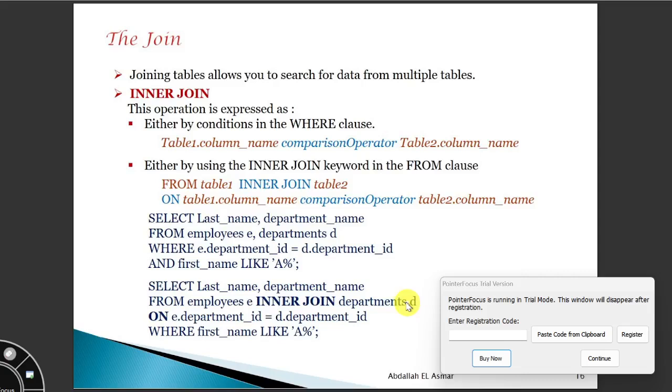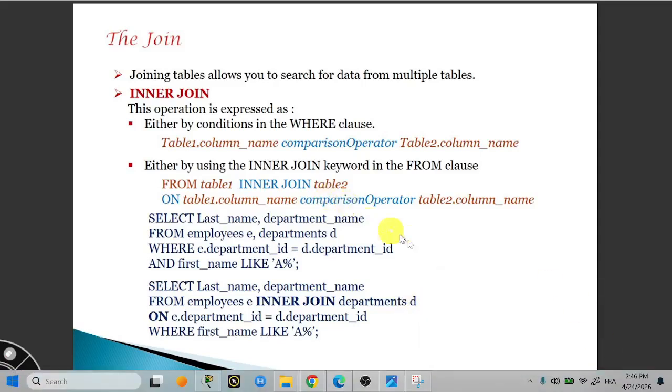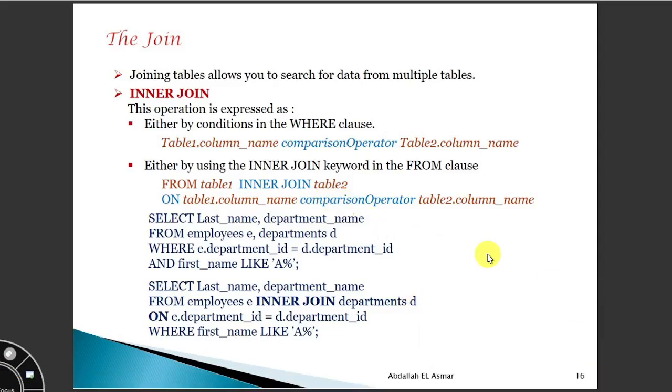Now, join. Here we should open our heads very well about the join. Normally we use a join in order to retrieve data from different tables. Join means to link, to connect tables. So we join tables to search for data from multiple tables.